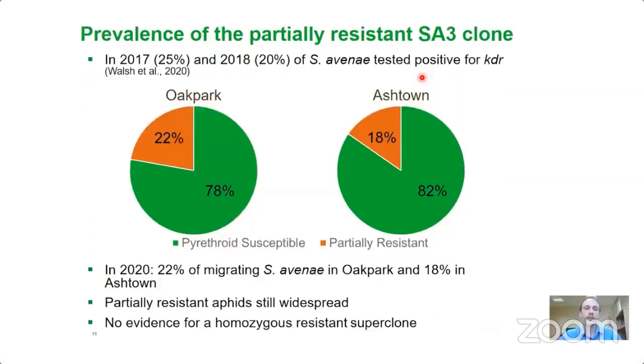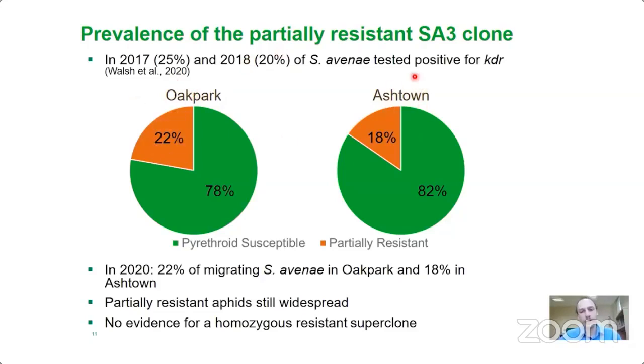The second thing I want to talk about is that I've been testing those aphids for the knockdown resistance, which makes the Essevina aphids partially resistant. In 2017 and 2018, we found 25 and 20% of the Essevina tested positive for KDR. The migrating aphids from the Oak Park suction tower, we had numbers of 22%.